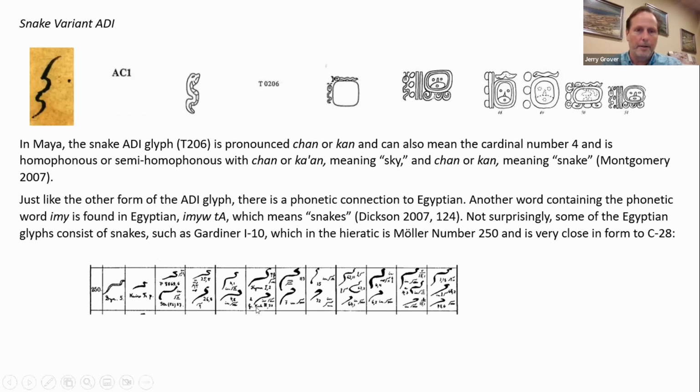As you can see, all these kinds of snakes match the snake form. You don't have the exact phonetic connection directly, but you actually have an Egyptian form for snakes that is pronounced IMY. So the snake does correlate.